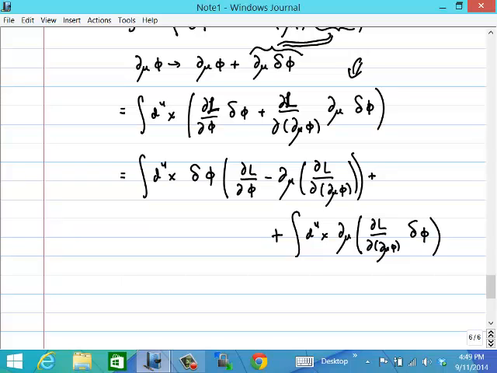So for those of you who remember the derivation of the Euler-Lagrange equations from classical mechanics, these manipulations should be very familiar to you.